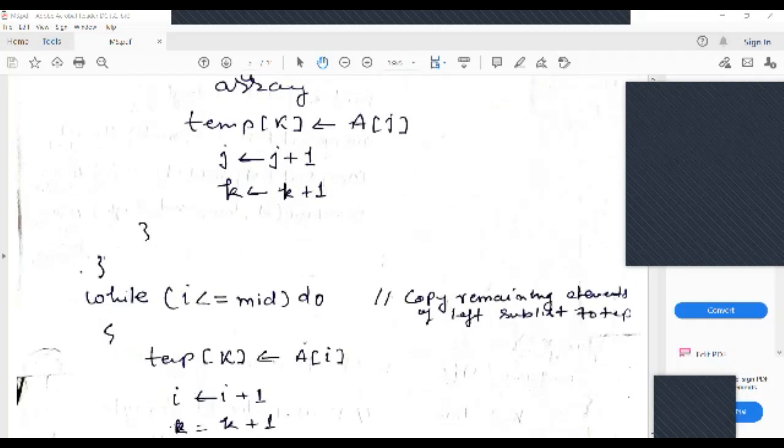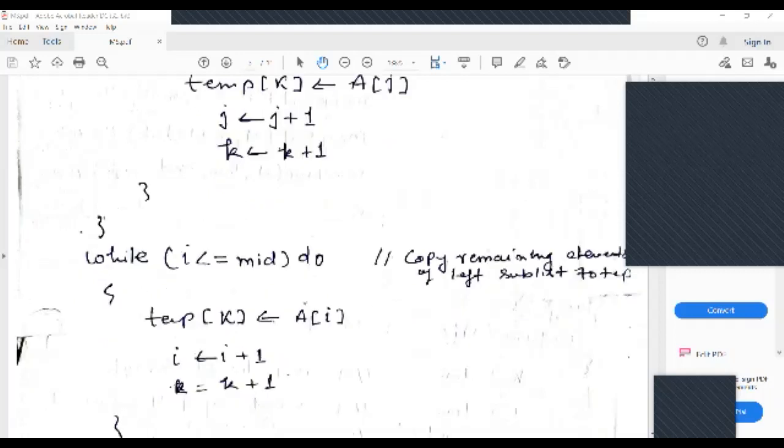While i is less than or equal to mid, it means copy the remaining elements of the left sublist to the temporary array. ठीक है, remaining element कब बचेगा? Suppose one sublist is having 10 elements, another is having 4 elements. तो भाई एक लिस्ट तो पहले खत्म हो जाएगी ना, 4 element वाली. हो सकता है ऐसा चांस.